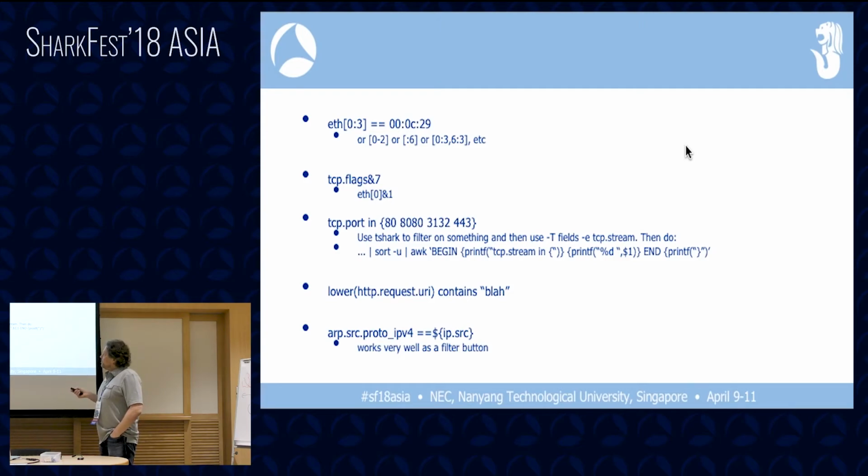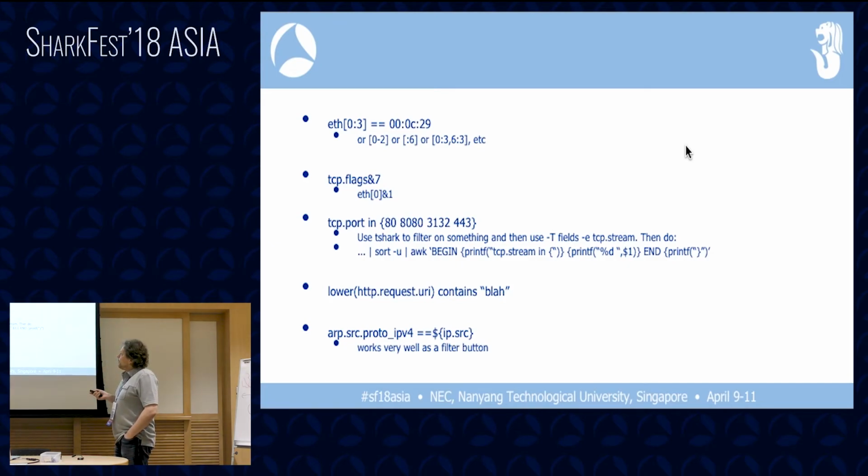This one is new in 2.0, 2.2, I don't know. The in operator. It's 2.2. Yeah, 2.2 I think, but at least in 2.2 and upwards it's there. You just give it a list of ports and it will filter on all these ports, which is quite nice if you do TShark, get packets that are interesting, print the stream and then wrap it with awk to make it a proper filter, and then you can feed that to the second TShark.